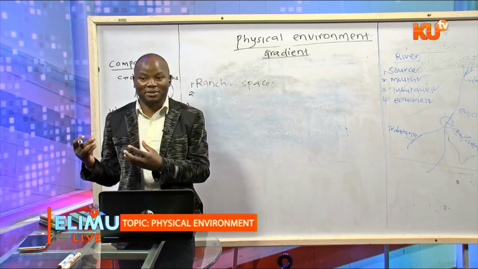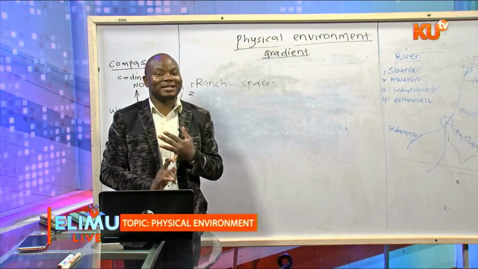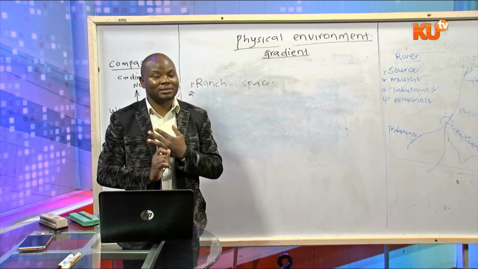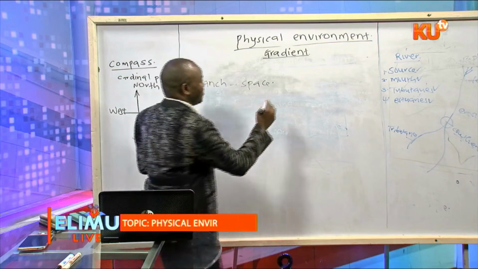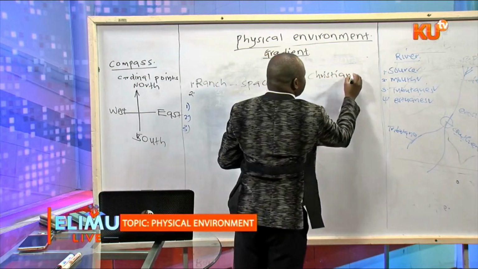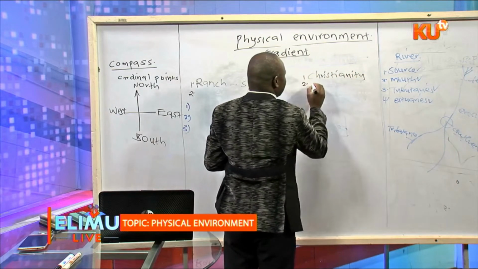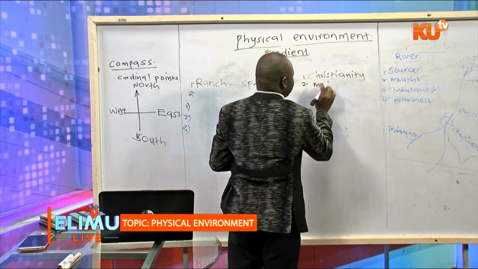Another point that you are supposed to know is these symbols that you use. You must study the different symbols. One, we have the symbols that are used in the different religions. For example, we have Christianity. Number 2, we have the Muslim, Islamic, sorry.